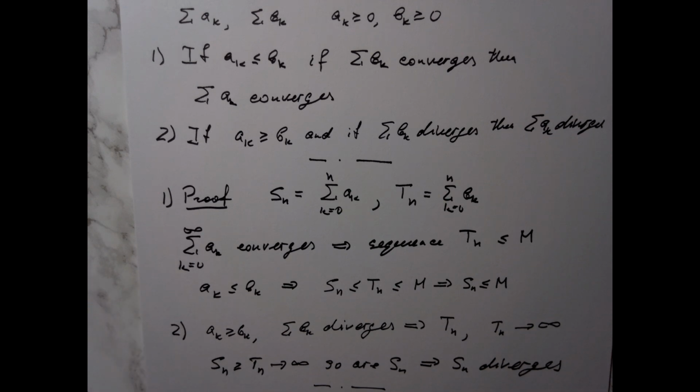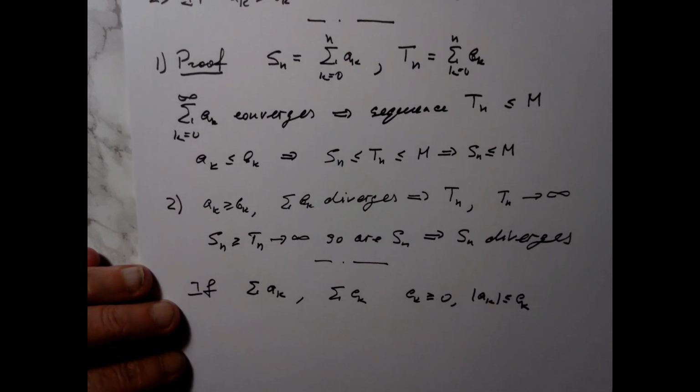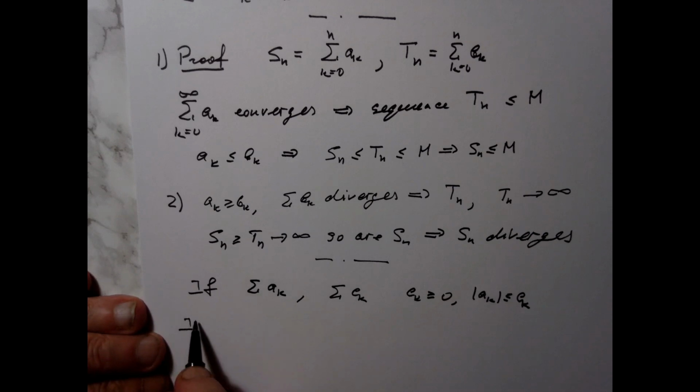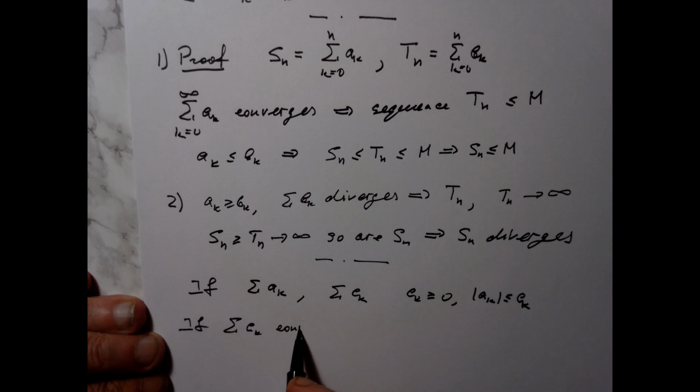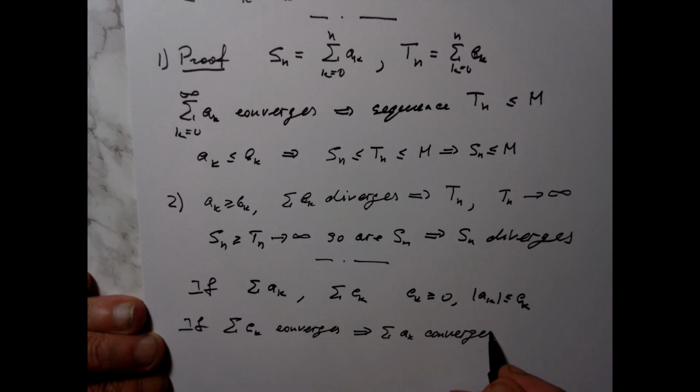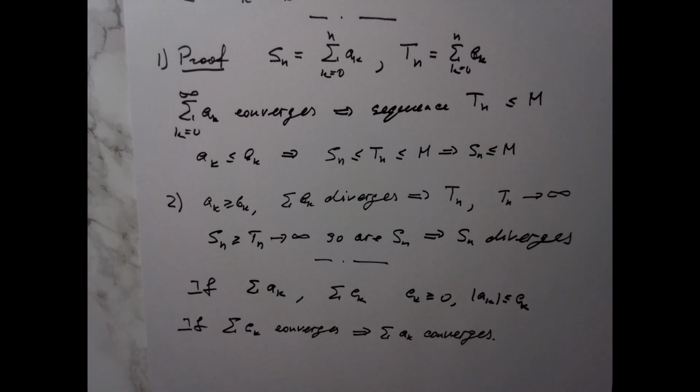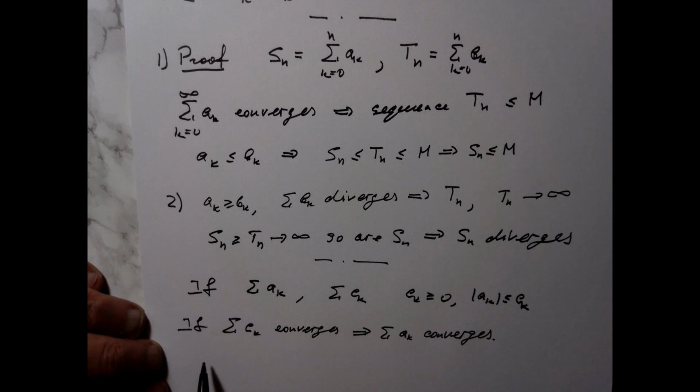Okay, so what he states is that if the series CK converges, then the series AK converges, and it will follow from everything I told you before. So let's see.